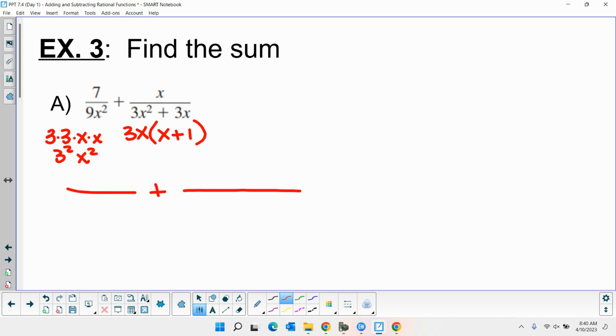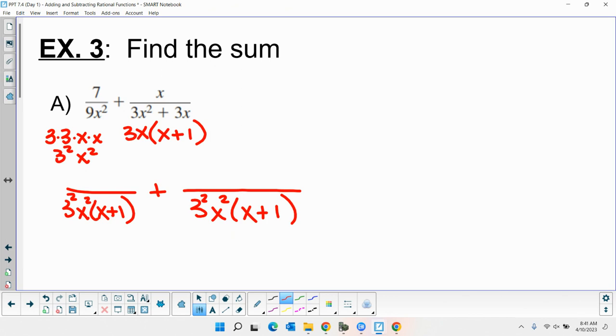All right, so I see a 3 show up, an x show up, and an x plus 1 show up. And then if there's any exponents, you write the higher exponent. So what's higher, 3 to the first or 3 to the second? 3 to the second. X squared or x? X squared. So there's our common denominator.